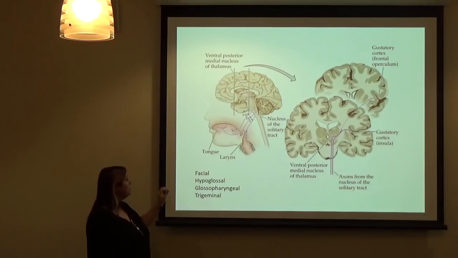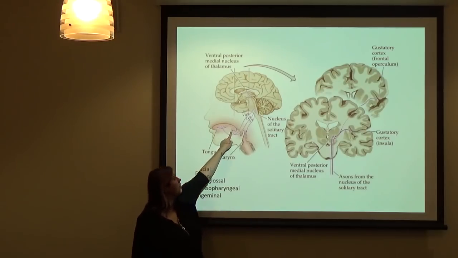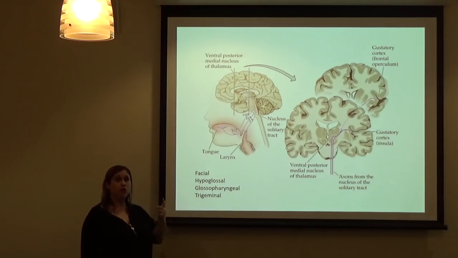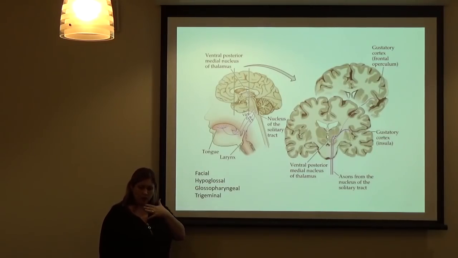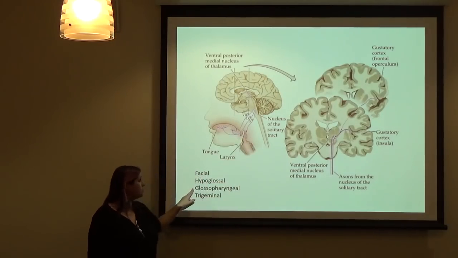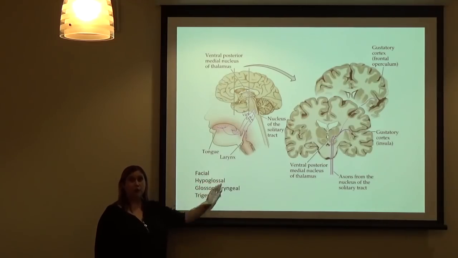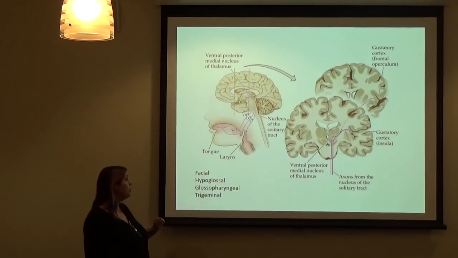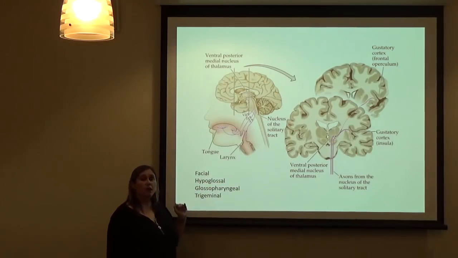From the back of your tongue, the hypoglossal nerve receives information and sends it on to the brain. From the back of your mouth towards your throat, and from your soft palate, okay, so from the top and back of your mouth, that's where the glossopharyngeal nerve communicates information directly into your brain about the taste of your food.